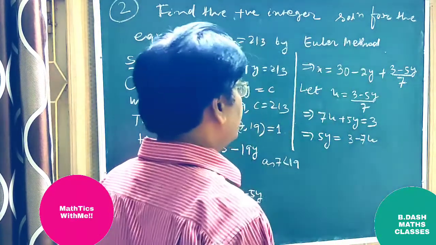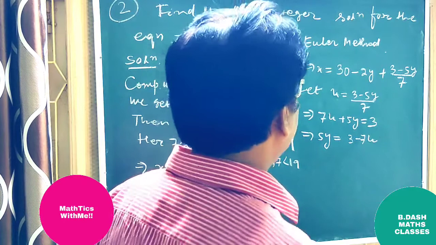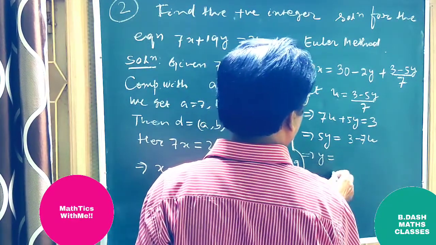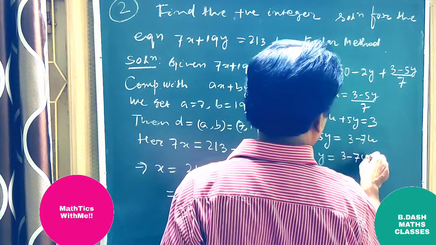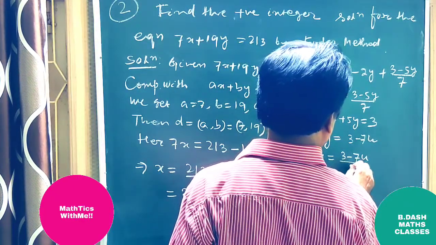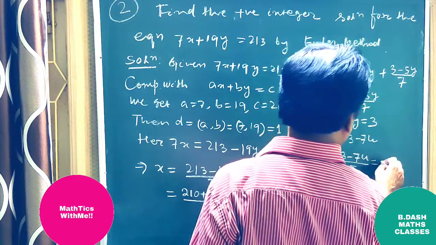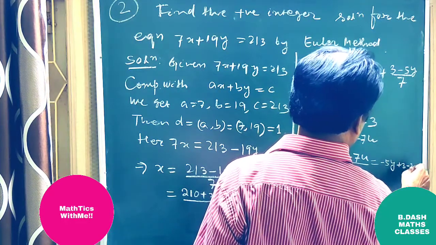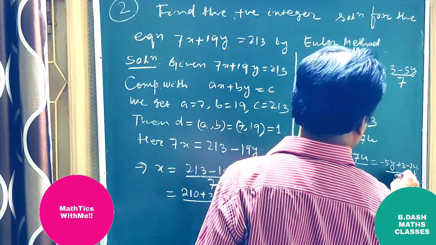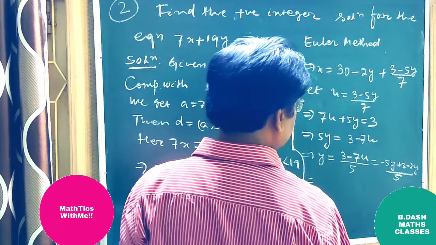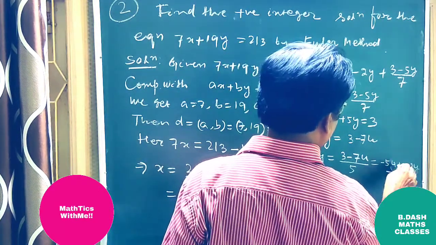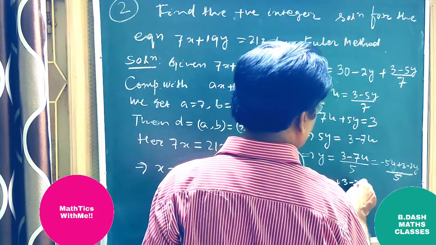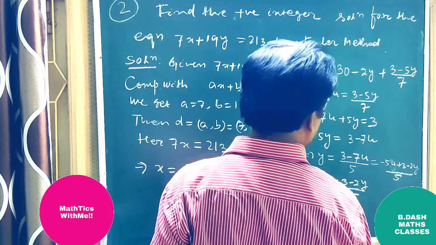So y is equal to (3 minus 7u)/5, which can be written as minus u plus (3 minus 2u)/5.